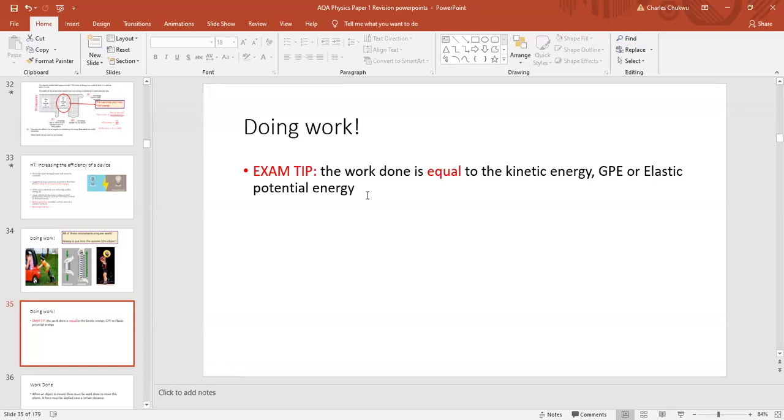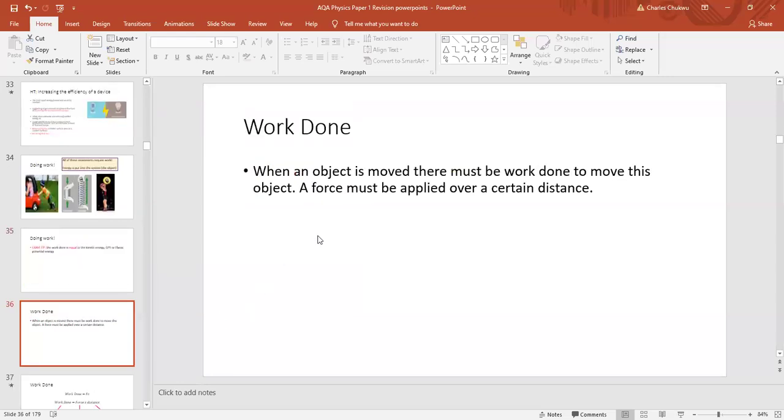I think I just subtly made a reference to this, that work done is equal to kinetic energy, gravitational potential energy, or elastic potential energy. All these have formulas, so the question usually gives you the formula.